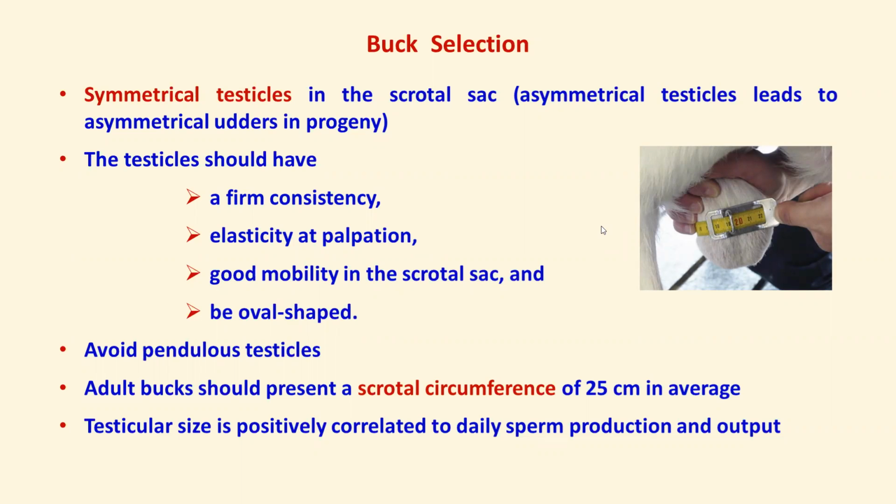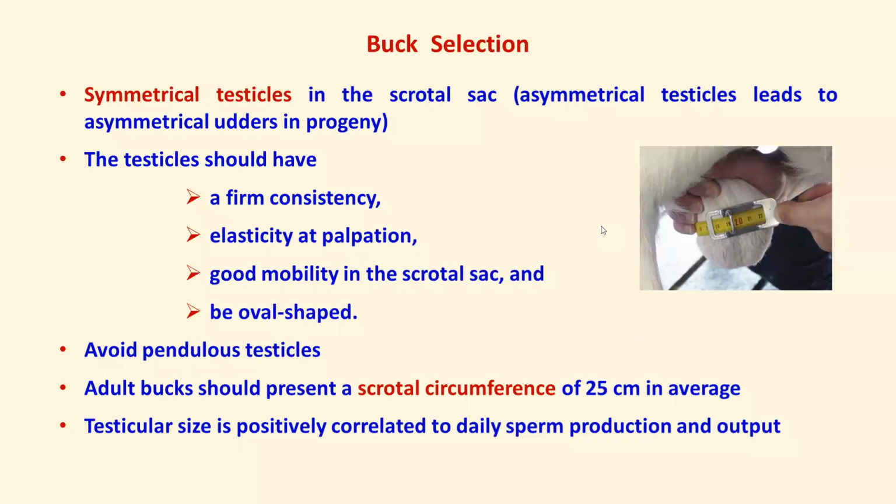Then you have to see the consistency. There should be a firm consistency in the testicle, elasticity should be there. There should be good mobility in the scrotal sac, and the testicle should be of oval shape. And one more very important thing, in general, the scrotal circumference should be 24 to 25 centimeters on average.